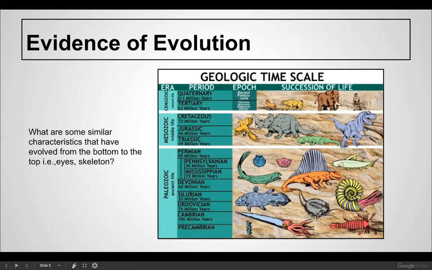What are some similar characteristics that have evolved from the bottom to the top? You look at the picture here, starting in the Precambrian period all the way up to the Quaternary. You can see the various kinds of creatures and how they've evolved. These are the fossil remains that are very old, not as old, and the youngest.